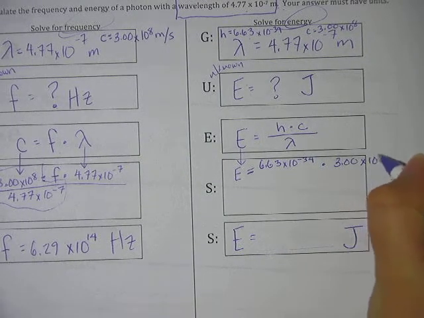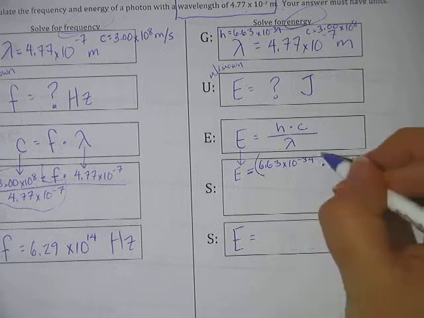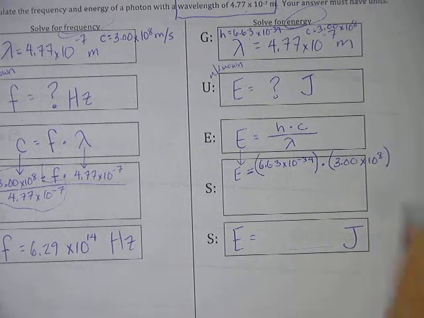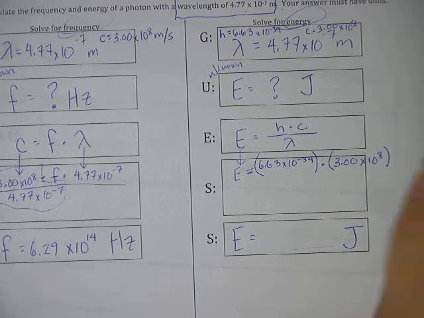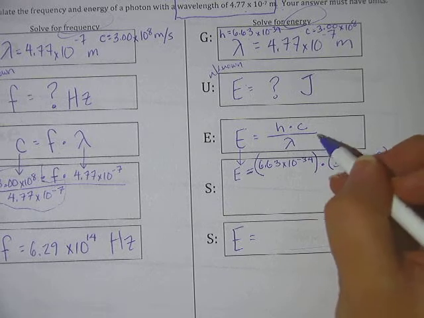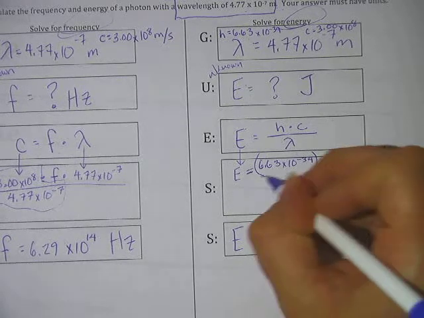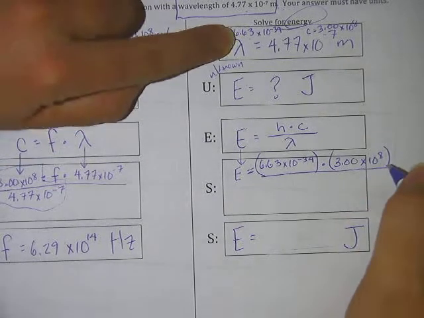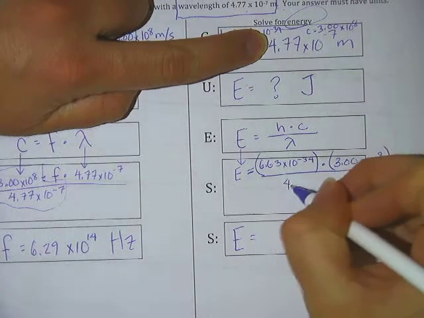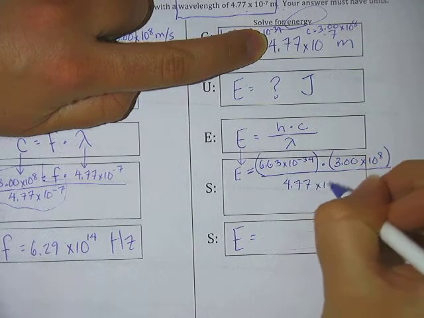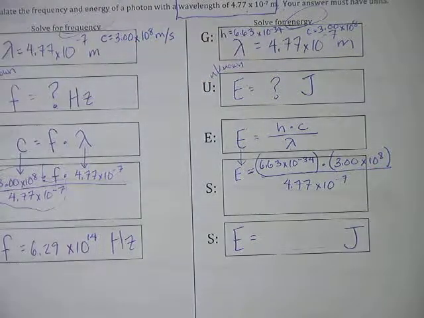For both of these, I'm going to put them in parentheses just so it's easier for me to read. Personally, you don't really need the parentheses, but it's easier for me as an old person to look at it if I put parentheses around them. And those are supposed to be divided by lambda, which, again, we were given a number for. So instead of writing the letter lambda, I'm going to write 4.77 times 10 to the negative 7.